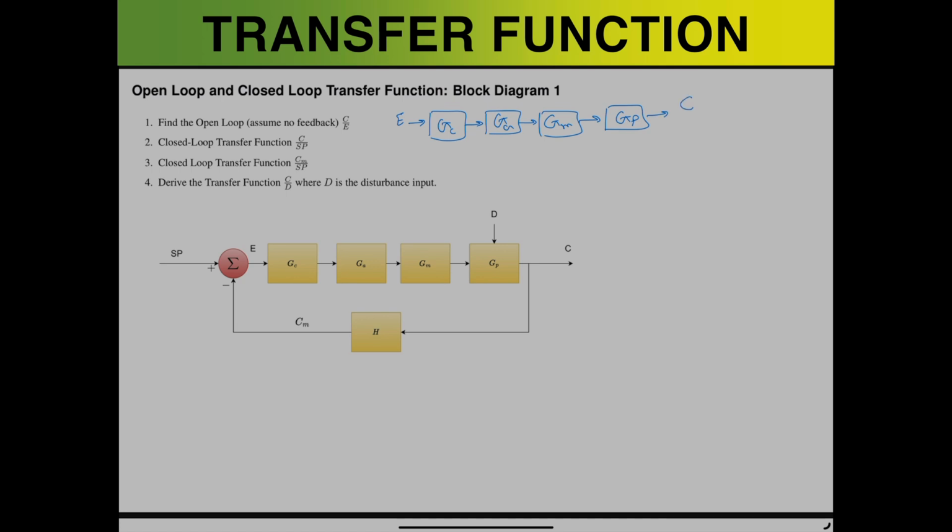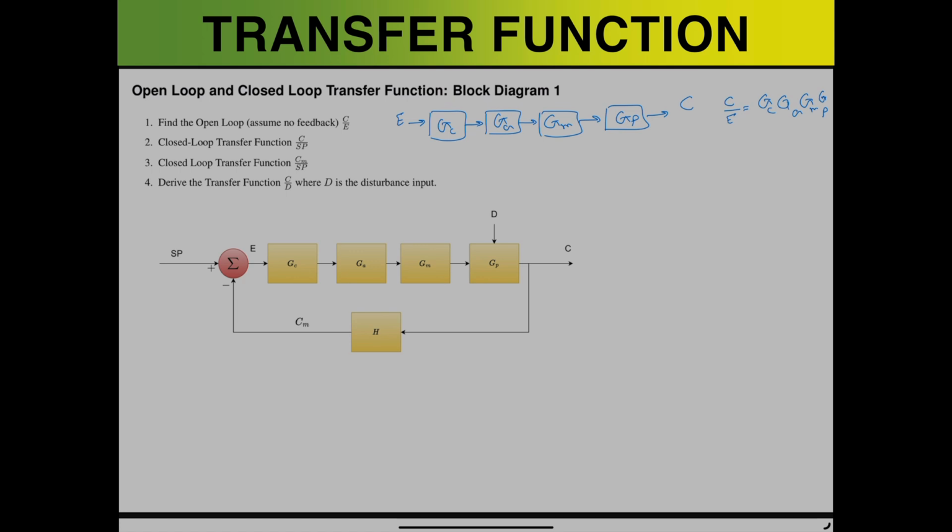And here is C. So essentially, as simple as it sounds, C over E is simply multiplication of all of these transfer functions because they are cascading each other, and we can multiply them in order to get the final transfer function. So it's essentially going to be GC, GA, GM, and GP. So that's part 1 of the question.